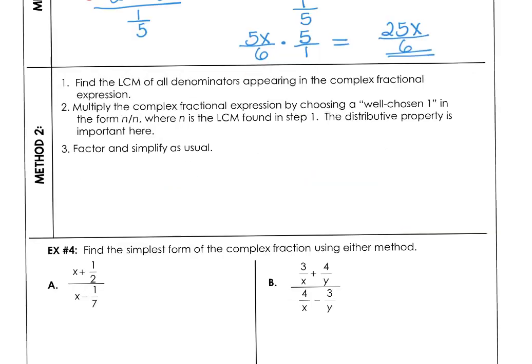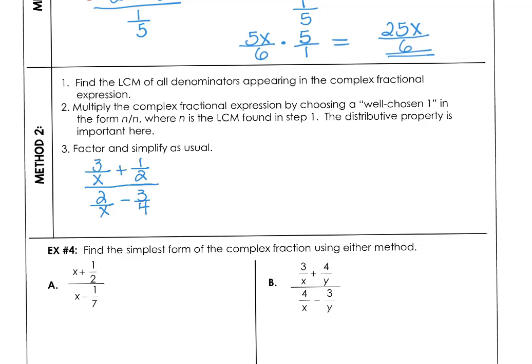And then method 2, we're going to find the least common multiple of all the denominators. So let's make up another example. Let's say 3 over x plus 1/2, and we're dividing that by 2 over x minus 3/4.